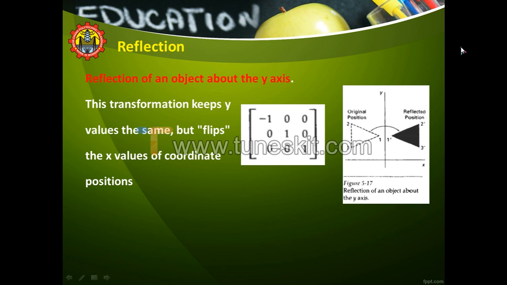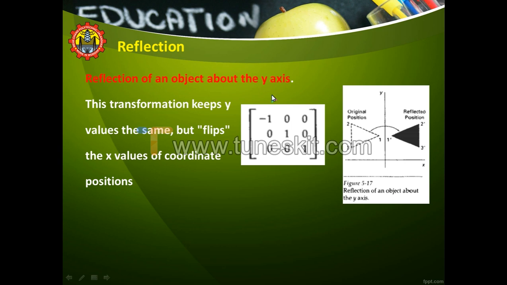Now this is your y-axis. This object is rotated from this position to this about a 180-degree angle. In this transformation, we keep y values the same but flip the x values of the vertices, right?